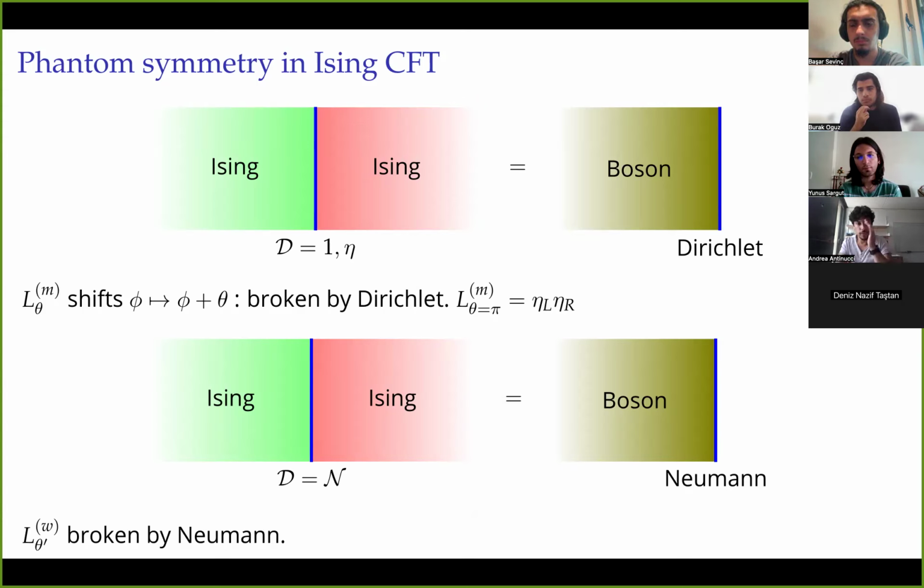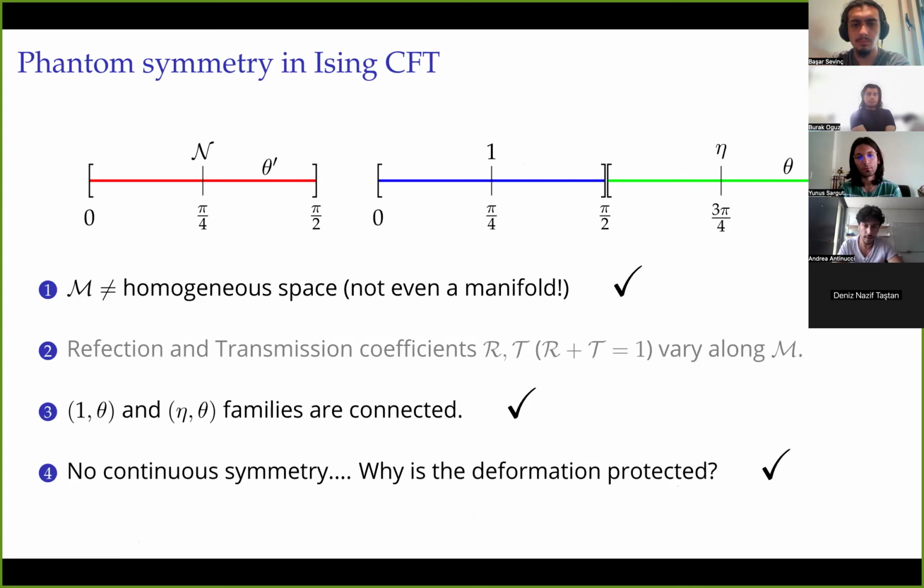So from what I just explained, I'm basically able to reproduce the whole picture that I just told you. Starting from N, I can fold and I get this conformal manifold that is labeled by the same parameter that is labeling the winding symmetry, and similarly for 1 and eta.